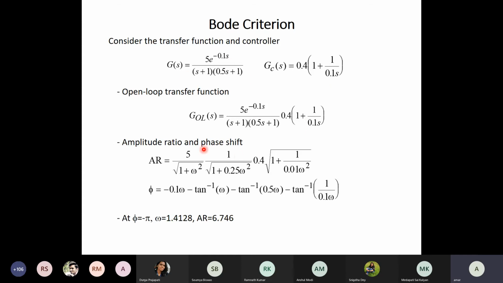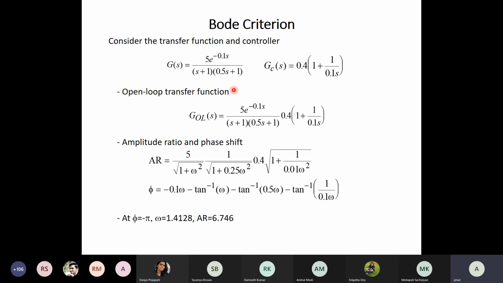There is another way to find out Ku and Pu, the ultimate gain and ultimate period, where I use only G(s).